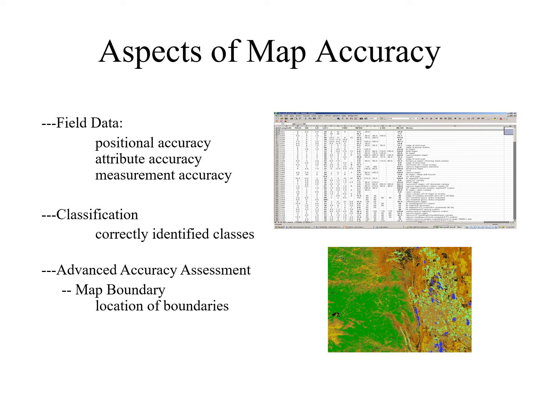And there are more advanced accuracy assessment approaches. So for instance, you might be interested in understanding whether or not you got the boundaries between two areas correct. So you might have to the west some broadleaf forest and to the east a field.